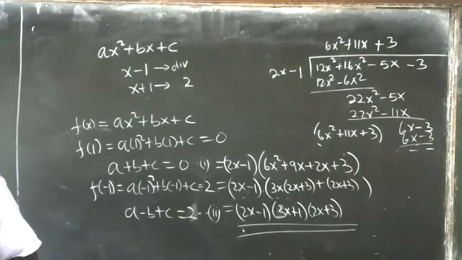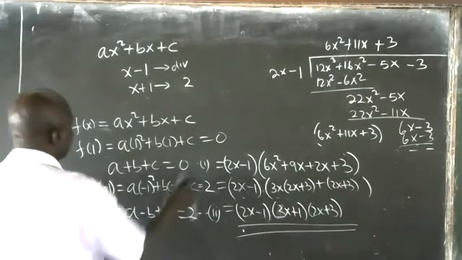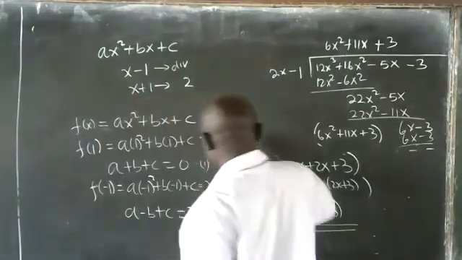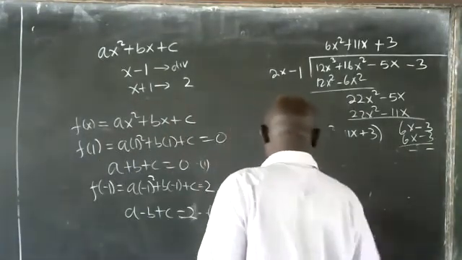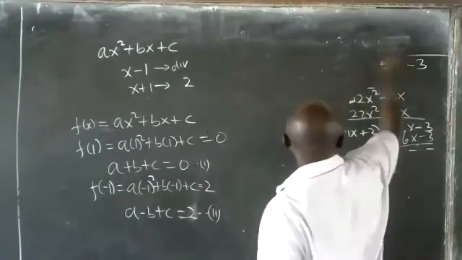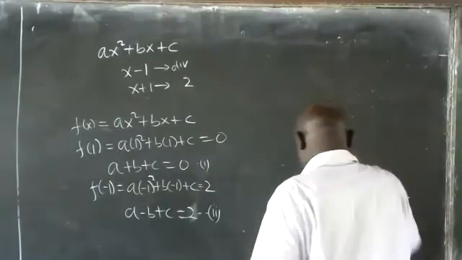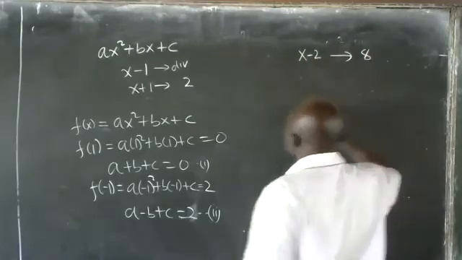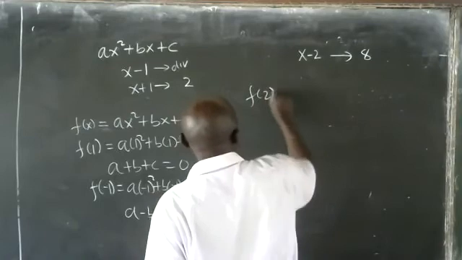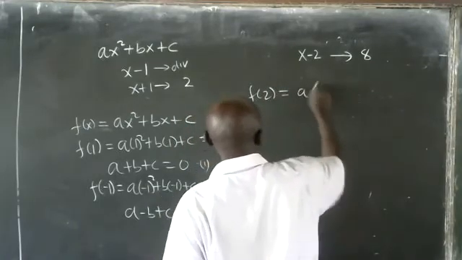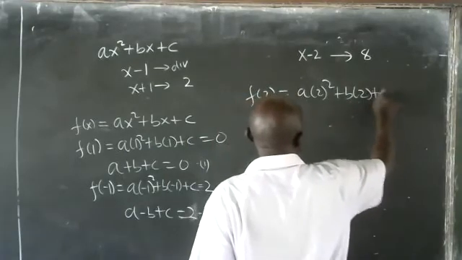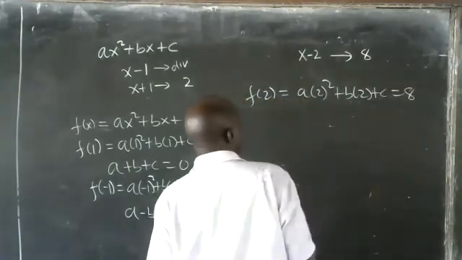Then they say it has a remainder 8 when divided by x minus 2. When divided by x minus 2, the remainder is 8. So we shall say f(2) will give us a times 2 squared plus b times 2 plus c is equal to 8, which is our remainder.